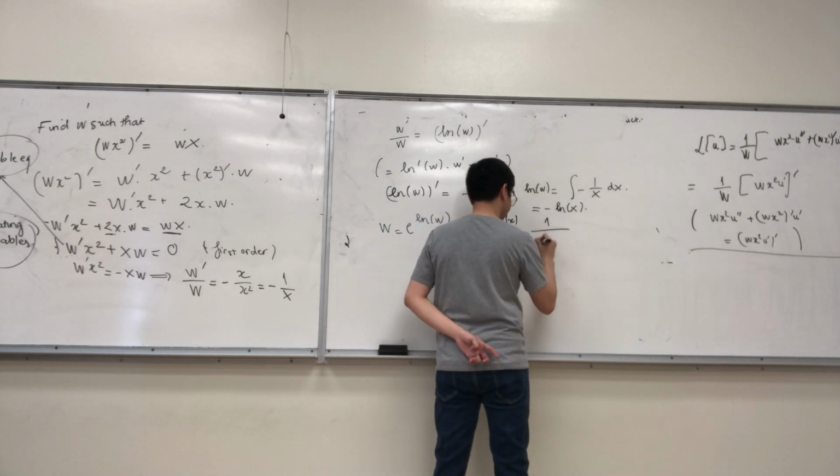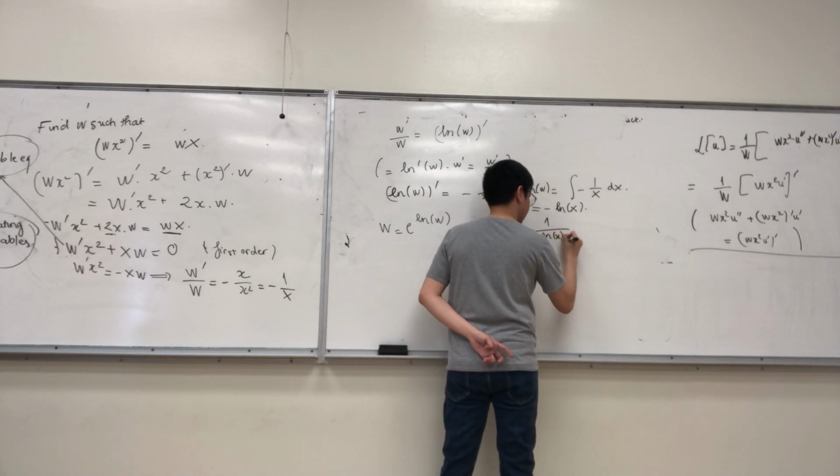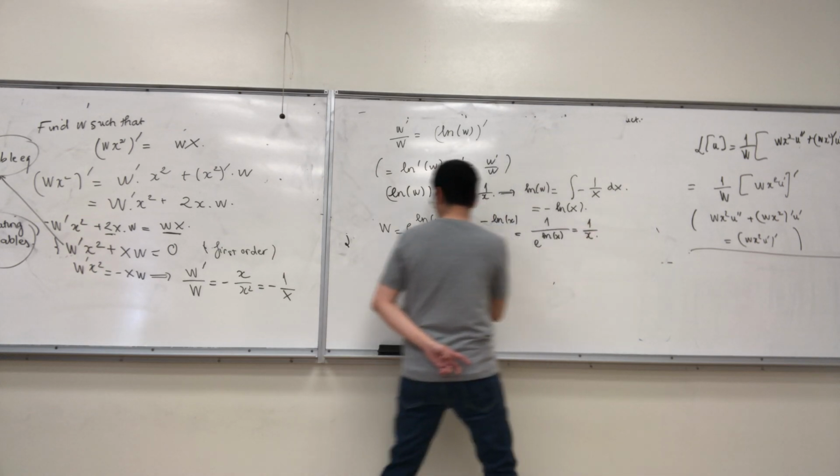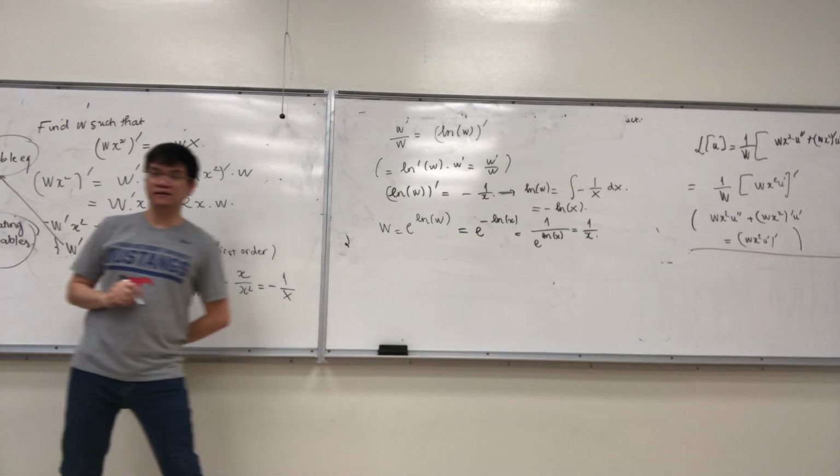So this is 1 over the exponential of log of x, and this is 1 over x. So you know that w is 1 over x, right?